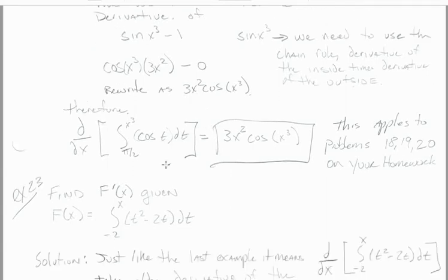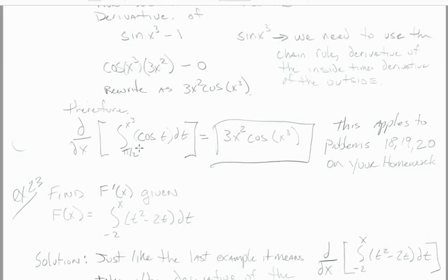Therefore, using the second fundamental theorem of calculus, we have to take the derivative of the integral with respect to x. We got 3x squared cosine of x cubed. Now, looking at this function, can you see what happened?